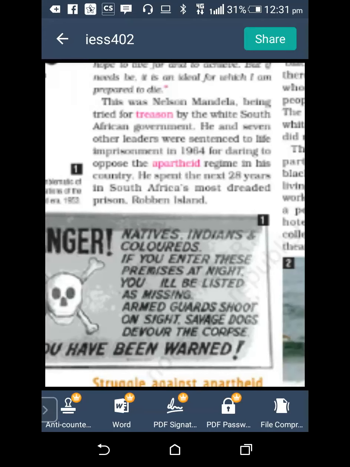Savage dogs devour the corpse. उन dead body को खाएंगे और उनको enjoy करेंगे. Look how they are treating the human being, the black people. So from this listing, from this danger point, whatever they have told, from this sentence you can think what type of people they were.